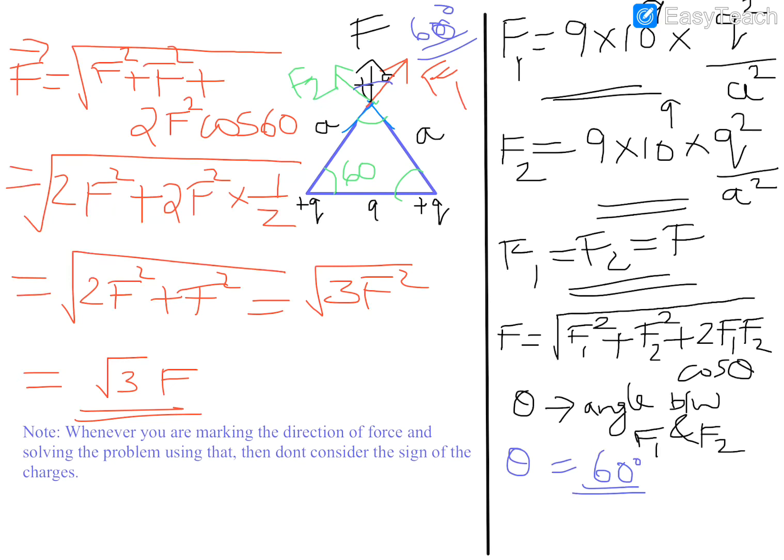Like that you must consider whenever the problem is solved in such a way that you are using the force directions. Other than that, if you are solving a simple numerical, you can use the sign of charges also. But when you are solving using diagrams with force directions and all, and using vector addition and all, then in that method don't consider the sign of the charges. Okay.